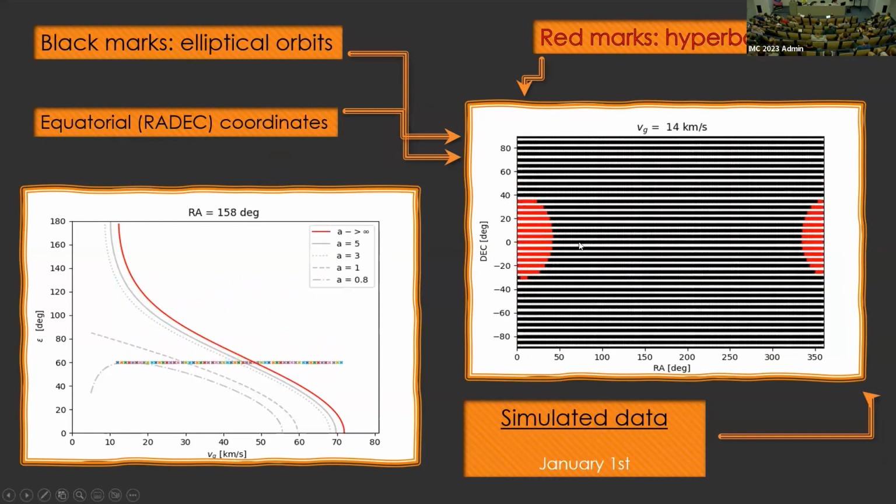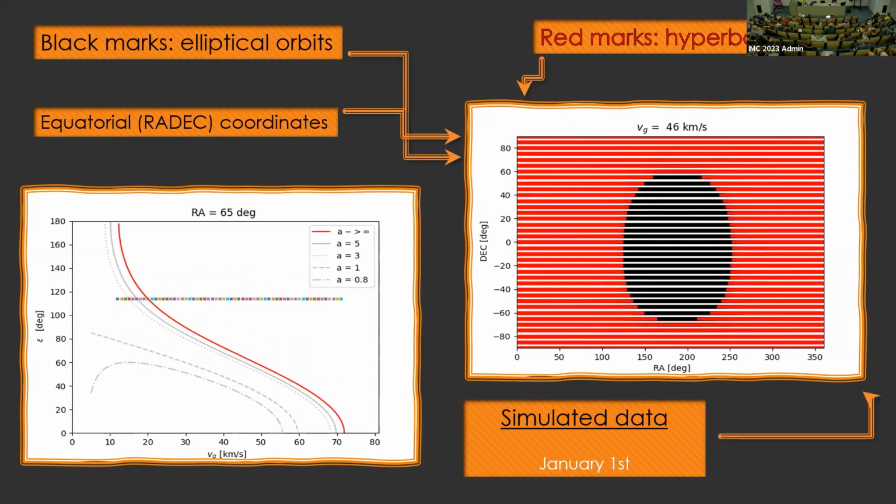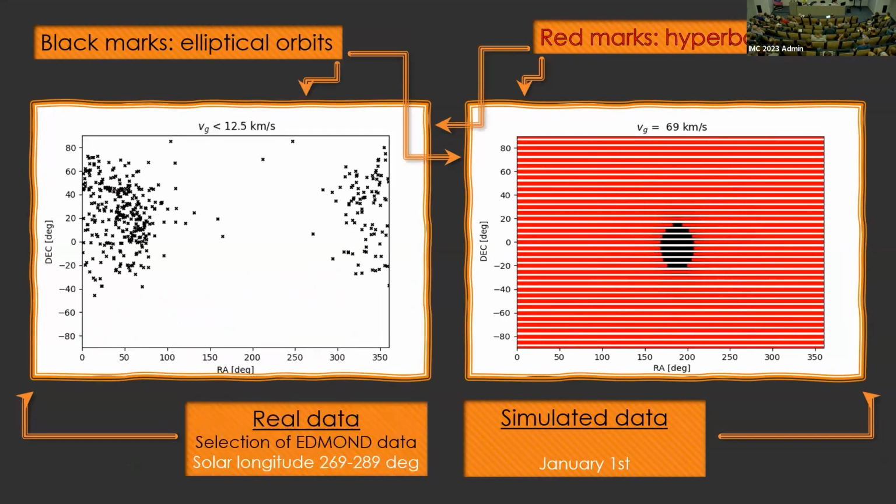The red space here, those are all the points where we can expect hyperbolic meteors. And what does it look like when we look at reality?